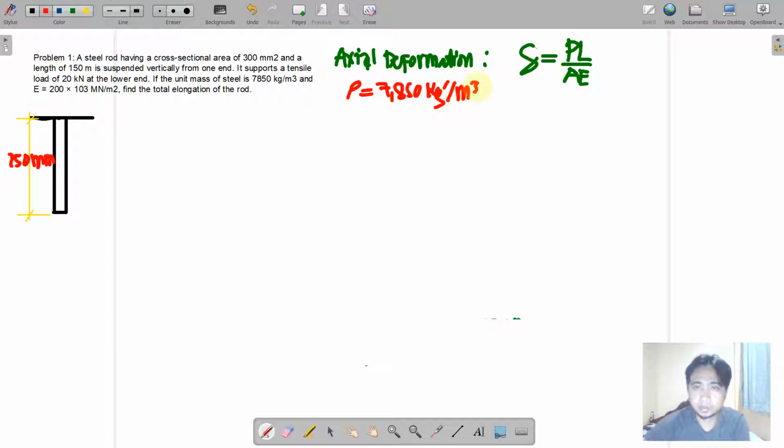Just imagine the units here. In order to come up with a weight, we have to eliminate the cubic meter by multiplying it by the volume. If the cubic meter is eliminated, the resulting unit would be kilogram only.